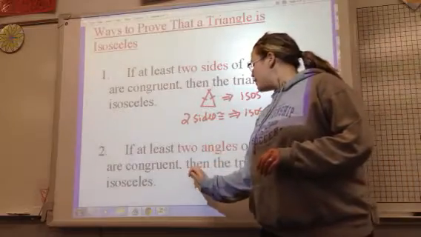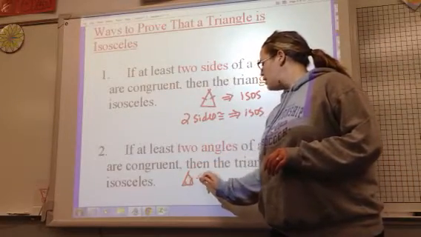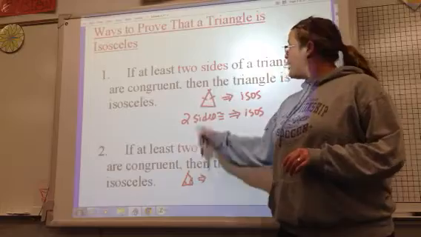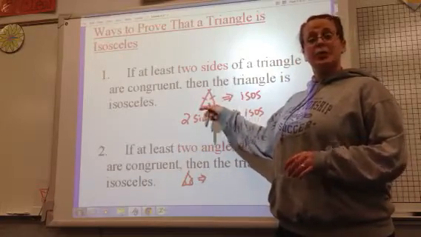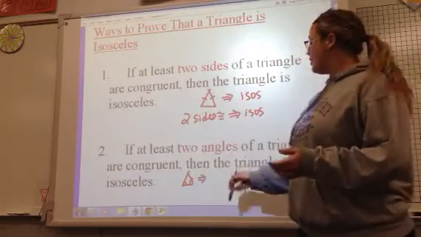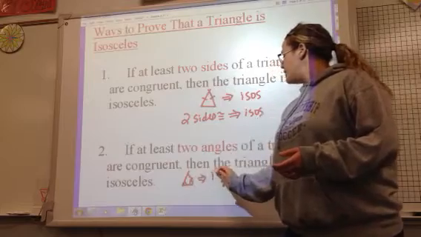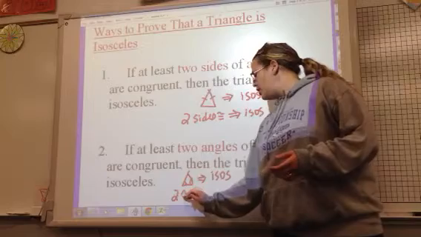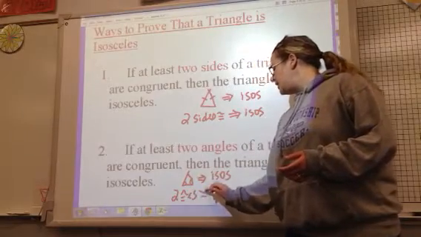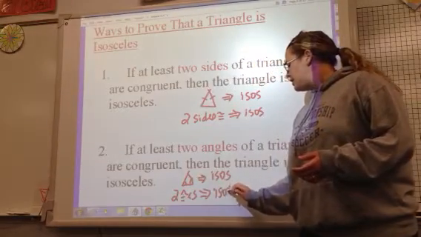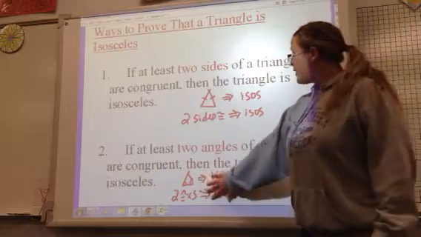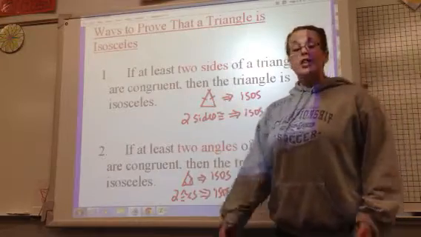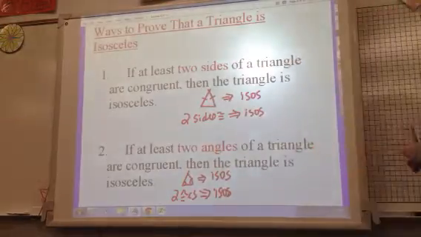And if I have two angles congruent, that implies I have two congruent sides, which means I have an isosceles triangle. So two congruent angles implies isosceles, or if you would like to write it out, two congruent angles implies isosceles. We need to put that and that onto our shortcut sheet as well.